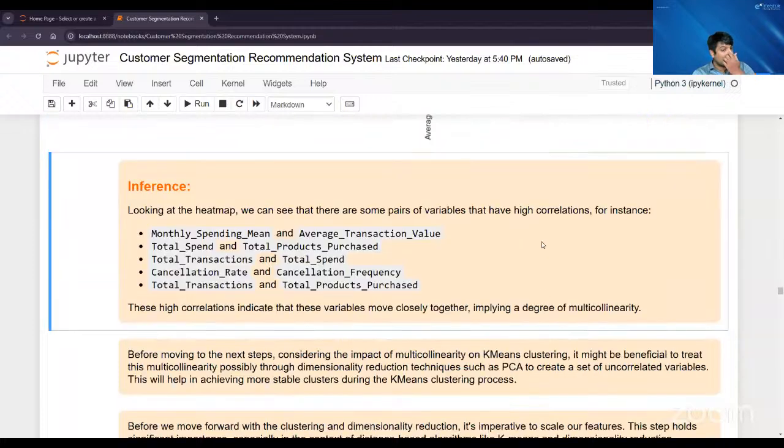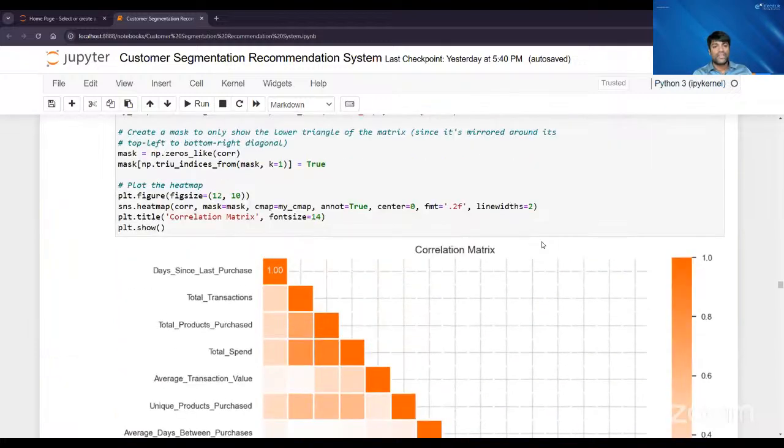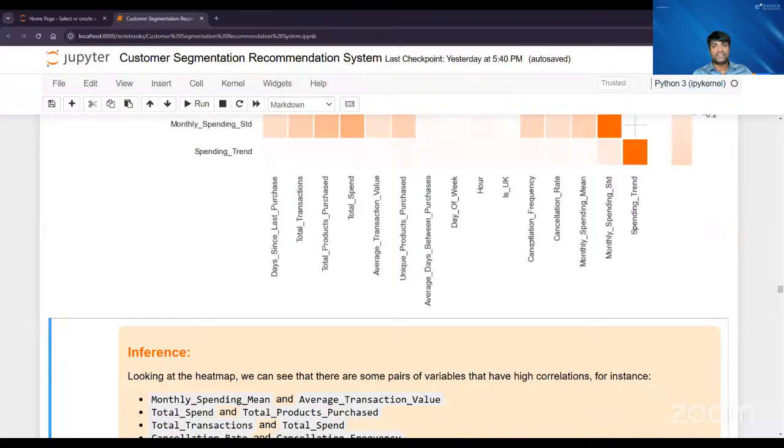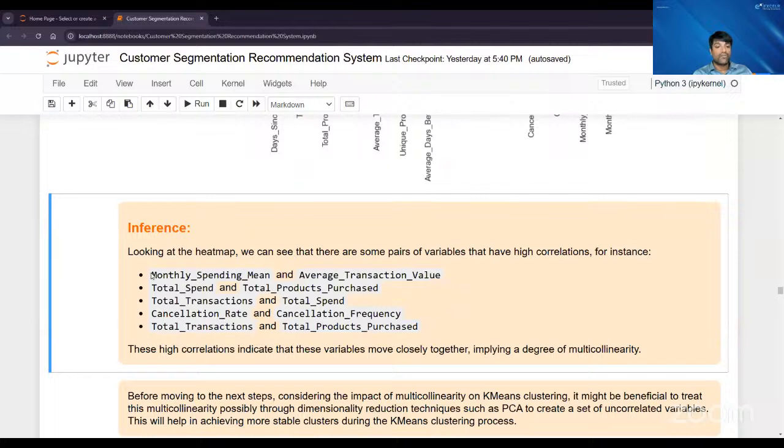Now, just the inference part, let us have a discussion. Everybody knows what correlation basically is, but some people would have done the visualization, some might not have. Here you can see which instances have high correlations.